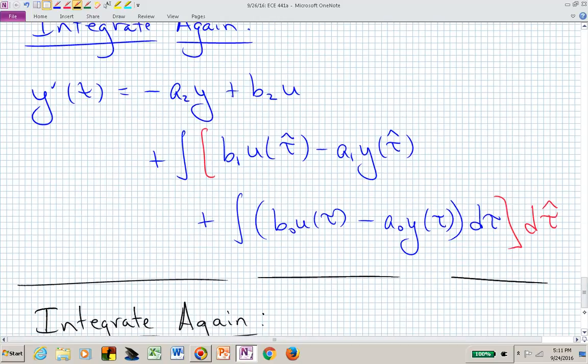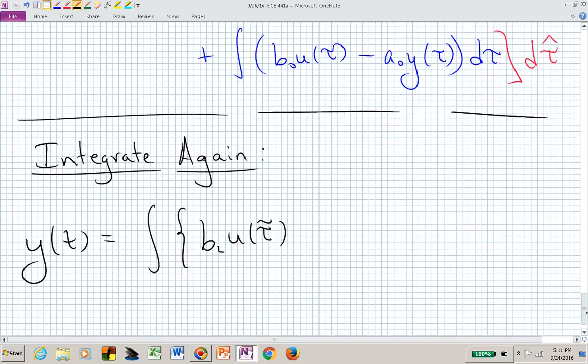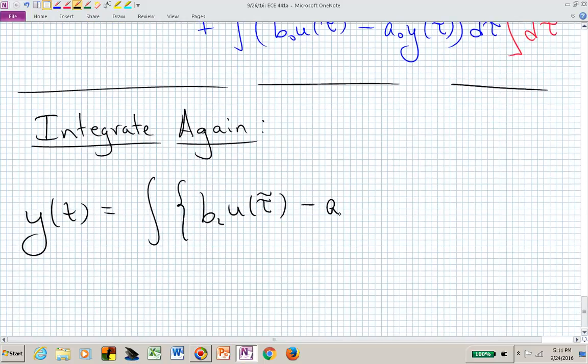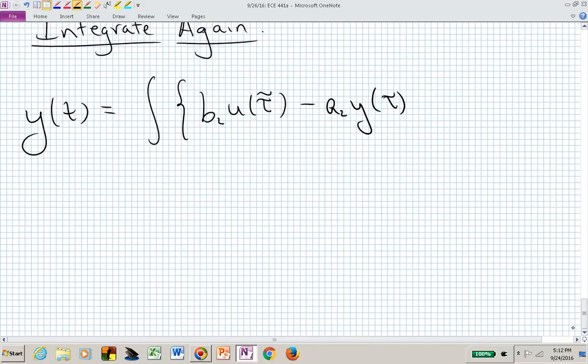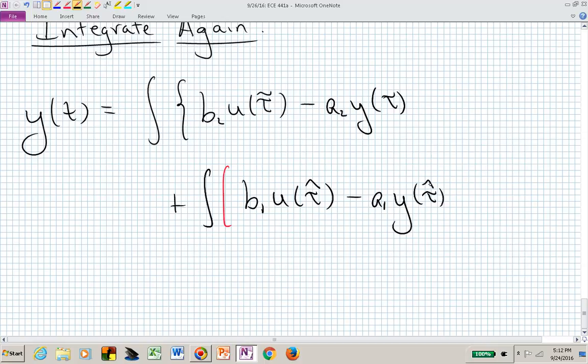So there's b sub 2 u tilde minus a sub 2 y tilde. I'm going to keep going with inside that integral. I now have plus the integral, and before I'd put that in red, and this was now going to be b1 u of tau hat minus a sub 1 y of tau hat.